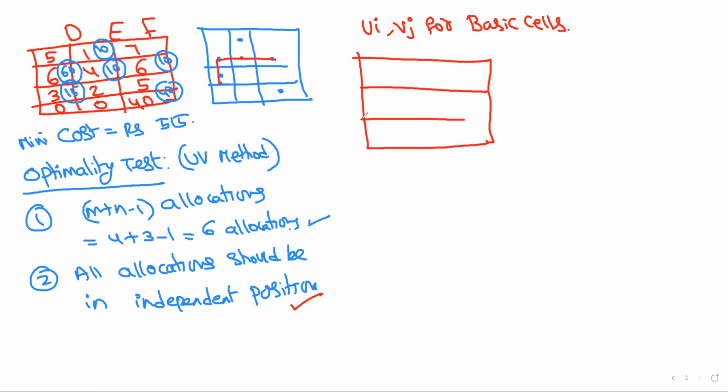Here we find ui and vj values as ui plus vj equals cij, where we have allocations. Here we have 1, and again 6, 4, 6.